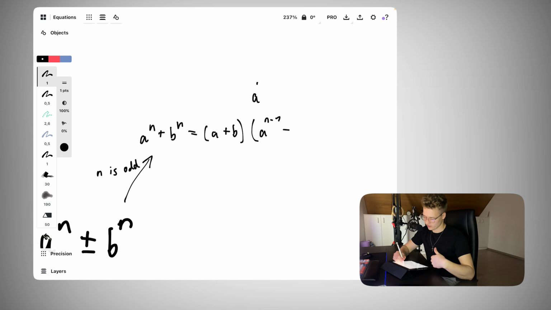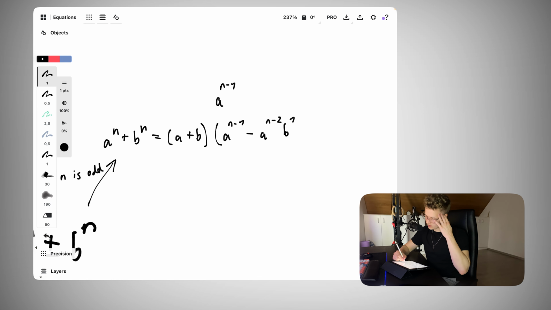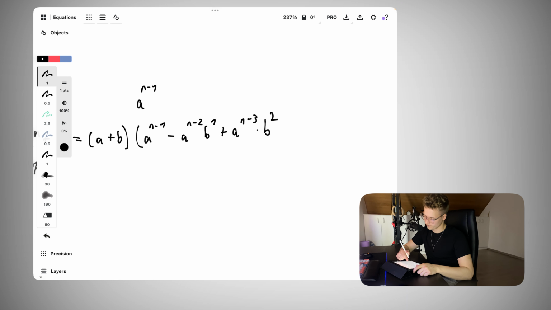So here we have a to the n minus 1 and b to the power of 0, which is equal to 1. Now we're going to have minus, because we had a plus sign before, a to the power of n minus 2 and b to the power of 1. Then we have plus, and it's going to be a to the power of n minus 3 times b to the power of 2. And it goes on and so forth.